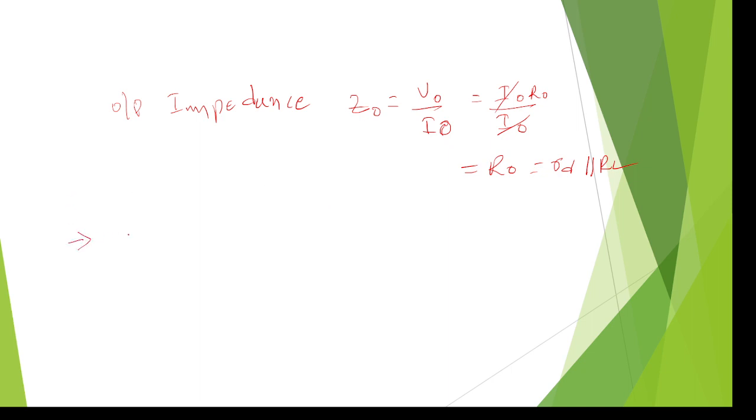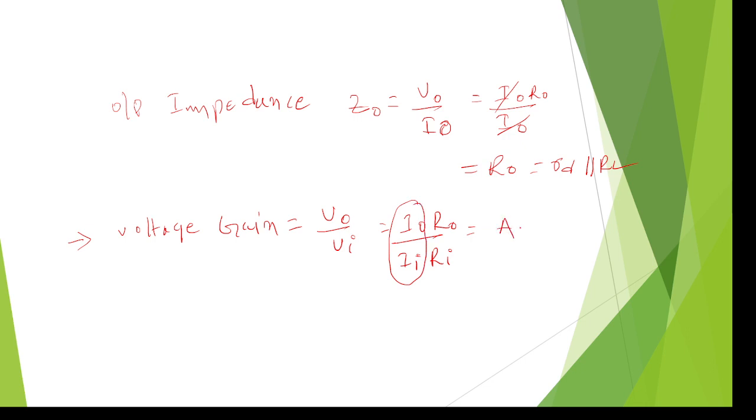Coming to the voltage gain, it is output voltage by input voltage. Vo equals Io into Ro, by Ii into Ri. Io by Ii can be written as the current gain, multiplied with Ro by Ri.